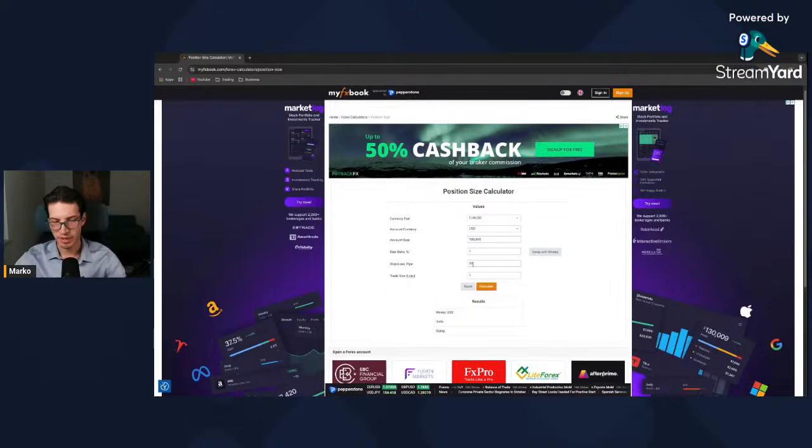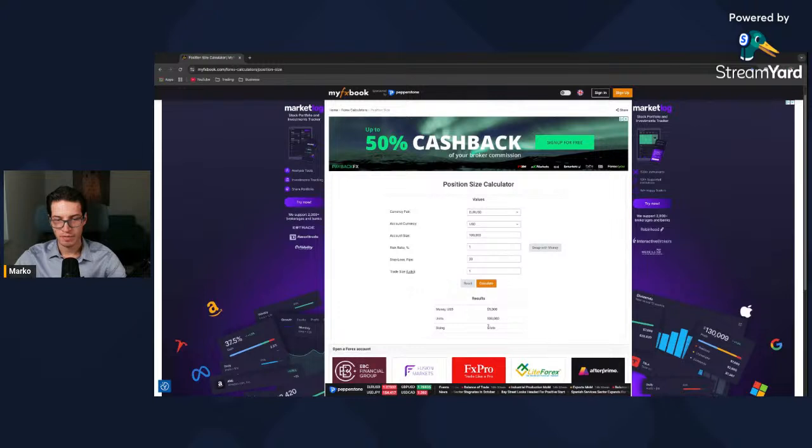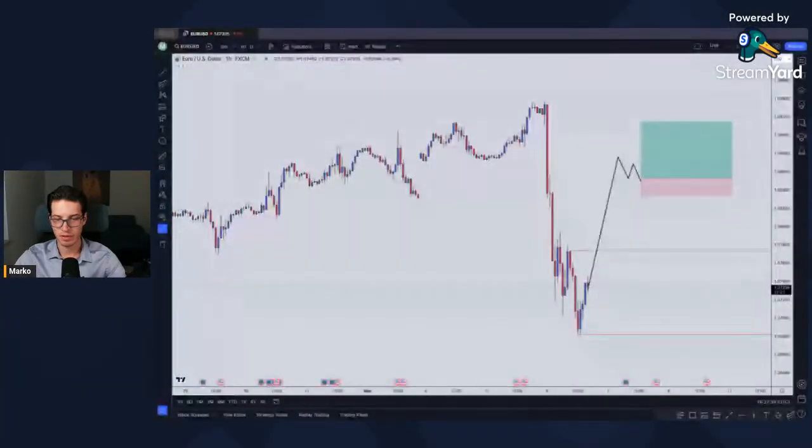You want to go in with a 20 pip stop loss. You need 5 lots. So you need to put 5 lots into MetaTrader. You want to go in with a 10 pip stop loss. You need to go in with 10 lots. So you need to put in twice the lots if you go in with a stop loss two times smaller. But this calculator takes care of everything. Okay, let's get back to our TradingView. Present, share, window, boom.